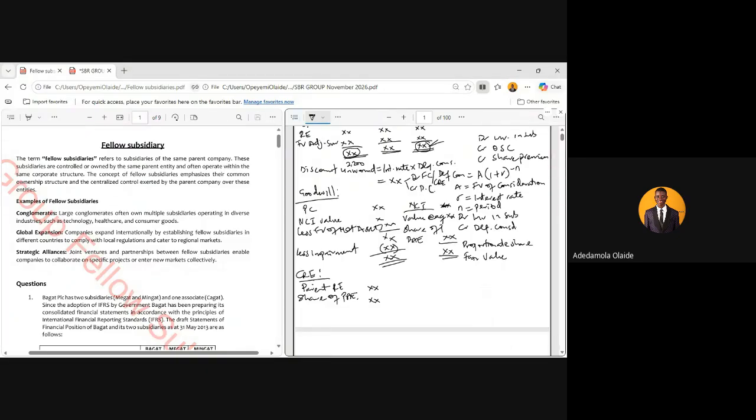Then if there is any other adjustment like the discount unwound, amongst other things, we do all of that and we get our consolidated retained earnings, and that will be that.